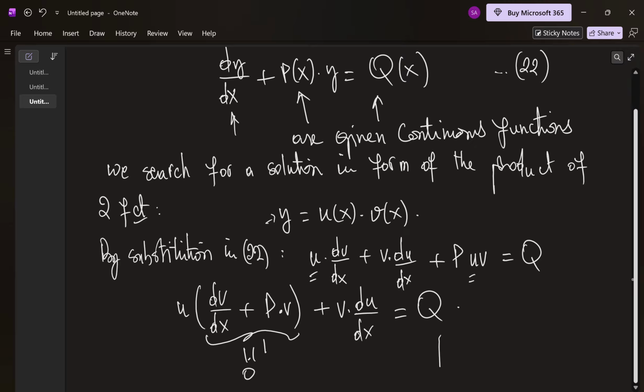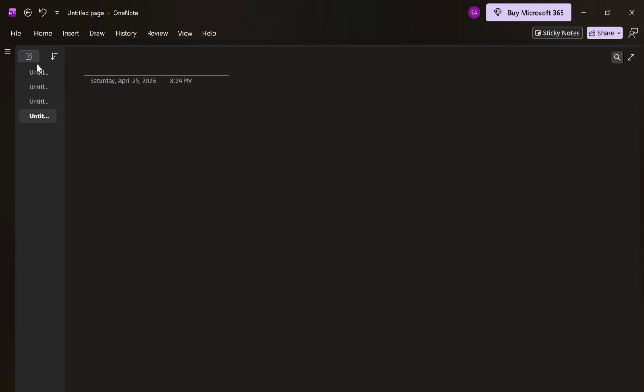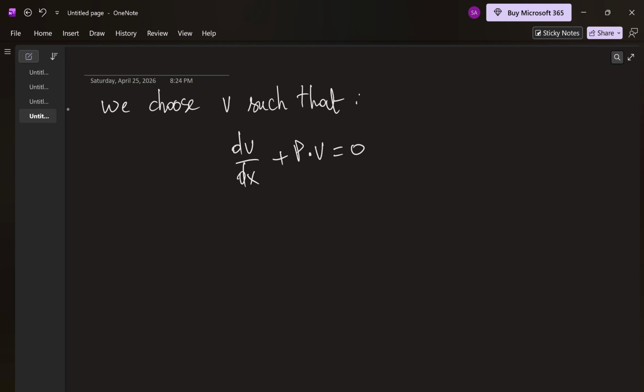So now we choose v such that dv over dx plus p times v is equal to 0.